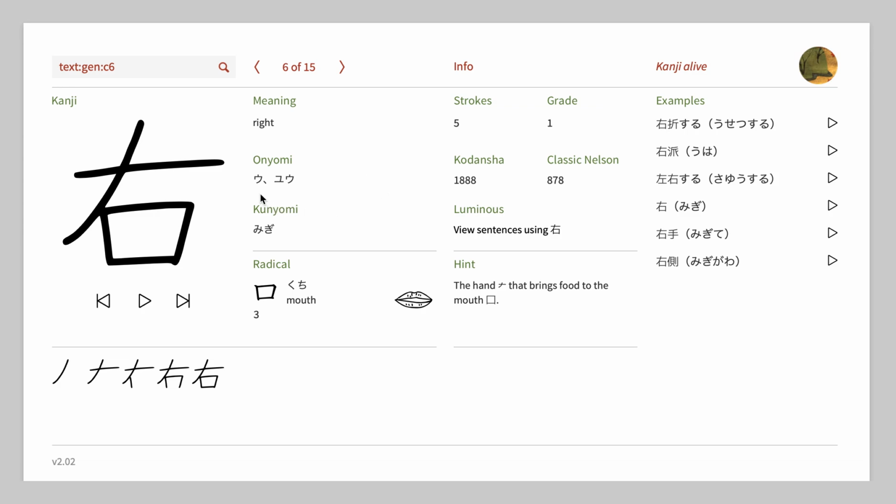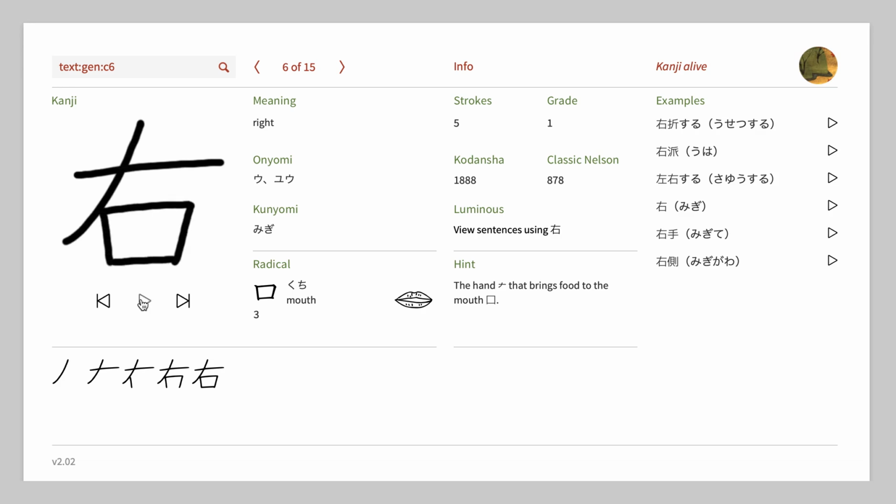The onyomi can be u or yu. The kunyomi is migi. So you're in a taxi cab and you want them to take a right. Migi e itte kudasai. Please go right. We'll take a look at the stroke order.